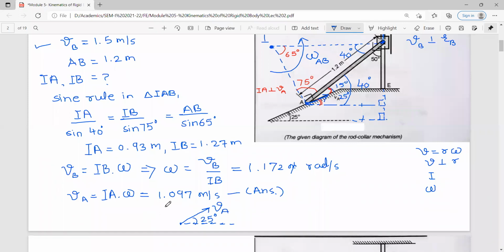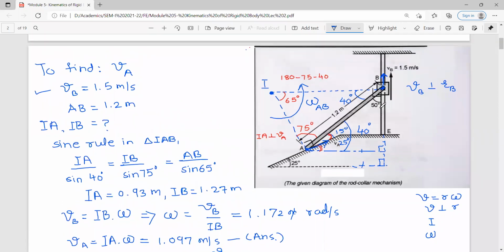So your answer is more complete in this sense, that you have calculated the magnitude as well as the direction. If you want to show the direction of velocity of point B, that is already given, that it is acting vertical. Point B is moving in upward direction. So how to show the direction of velocity of point B?